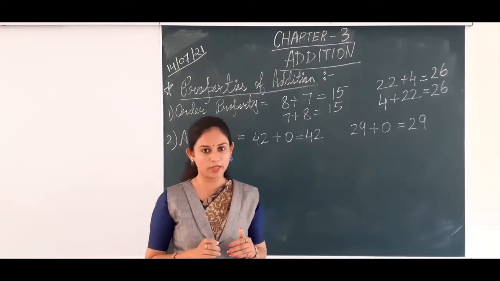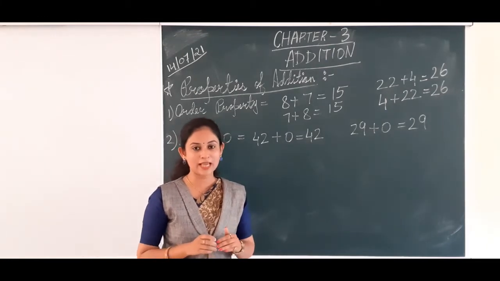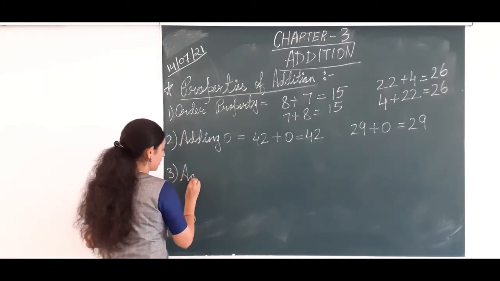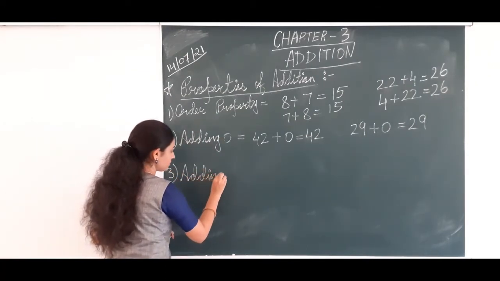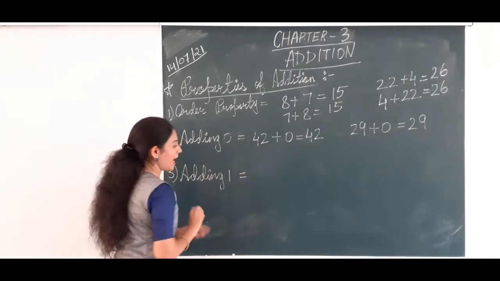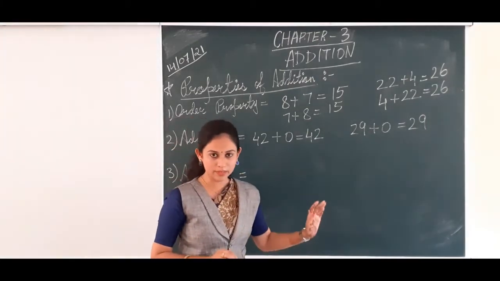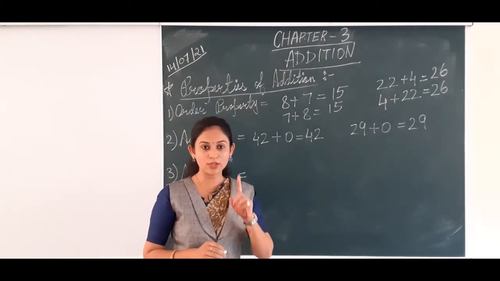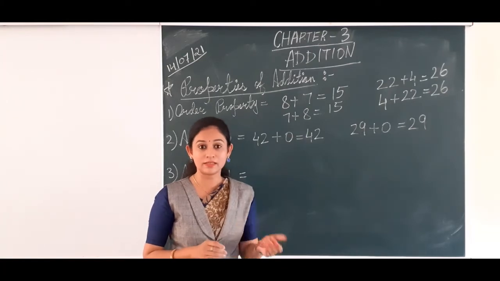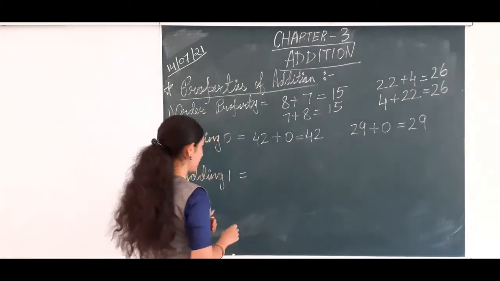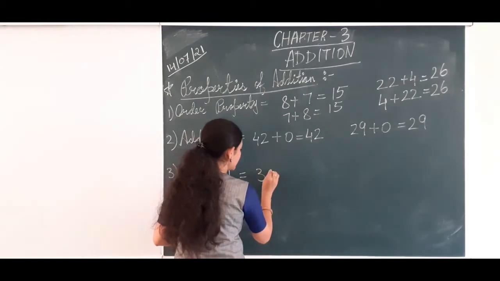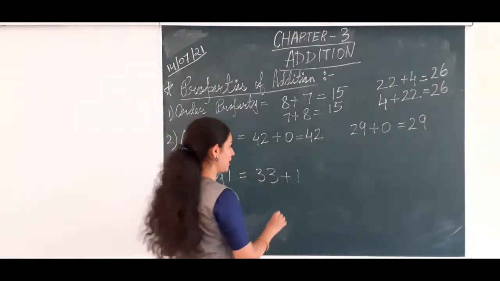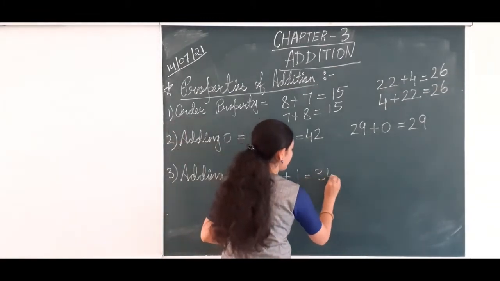Now, the last property of addition is adding 1. Adding 1 to any number gives the successor of that number. Like for example, 33 plus 1, we get the answer as 34.